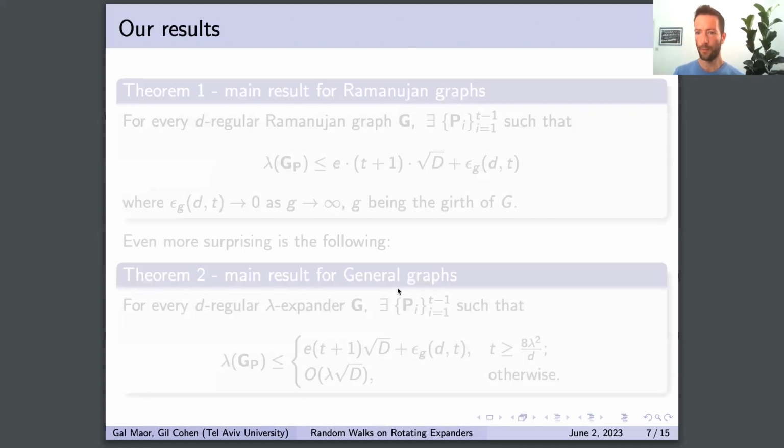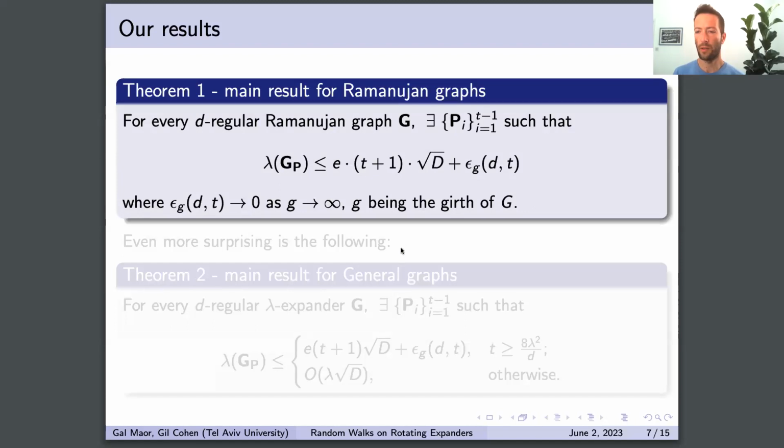Formally stated, our result is as follows. For every Ramanujan graph G, there exists a sequence of permutations such that lambda of the rotating expander is bounded by the bound I've just mentioned, plus an error term that depends on d and t, the parameters, but also on g, the girth of the graph.